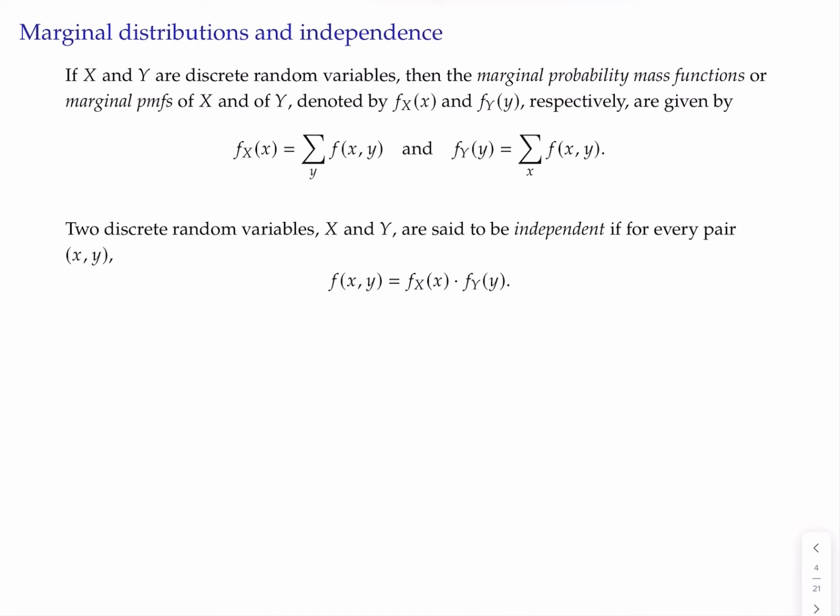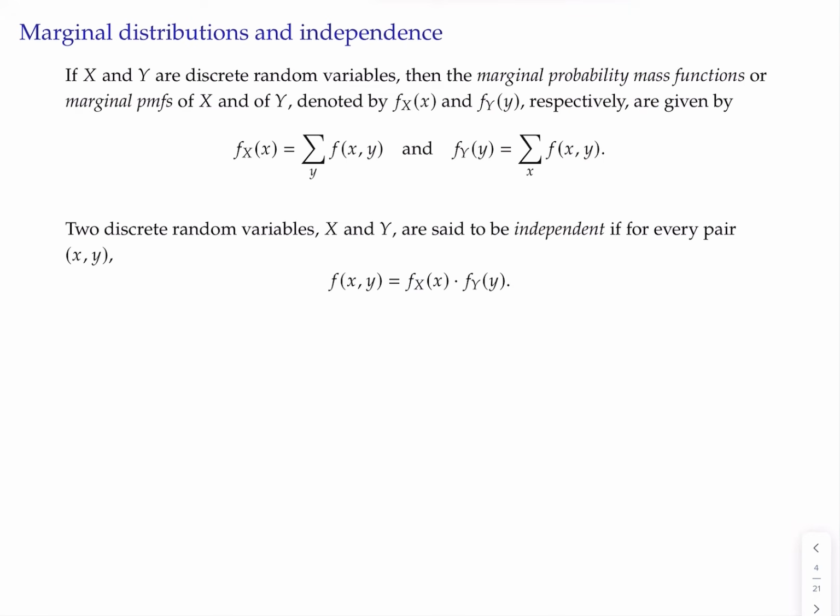But now, if we start from a joint distribution, we have two variables potentially. Let's call them x and y. So x has a distribution and y has a distribution. To distinguish those separate distributions from the joint distribution, we might call those marginal distributions.